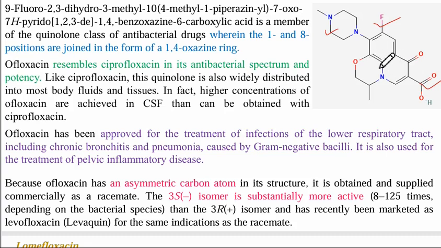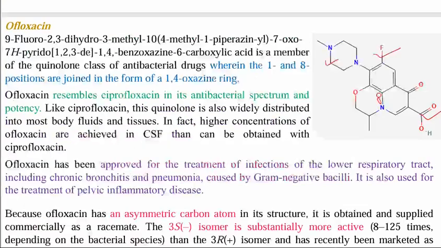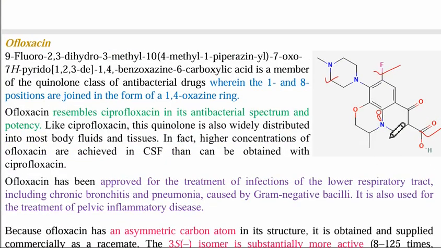If you remember, this was the 8 and this was the first position. So at the first and 8th position you again have a ring, that is an oxazine ring. Not 1 and 8, 1 and 4, I'm sorry. Yes, you can see on 1 and 4 you have the oxazine ring.